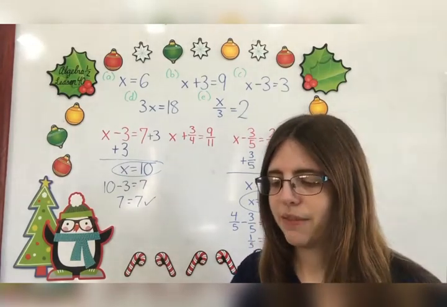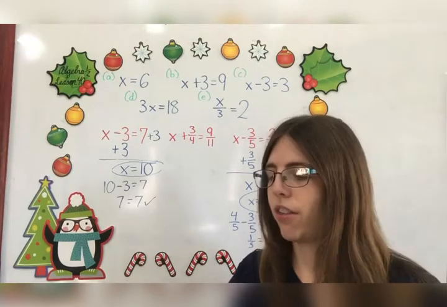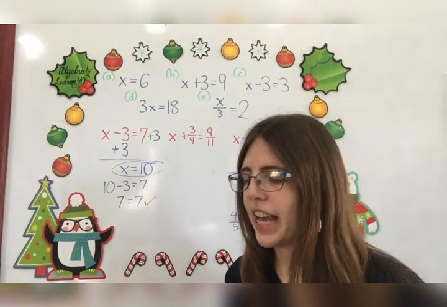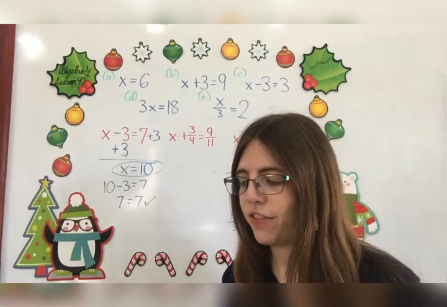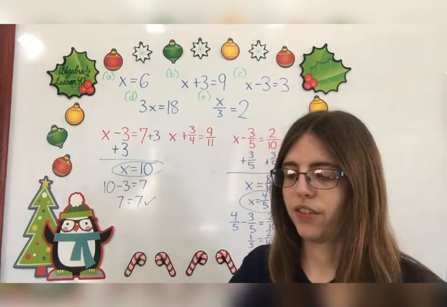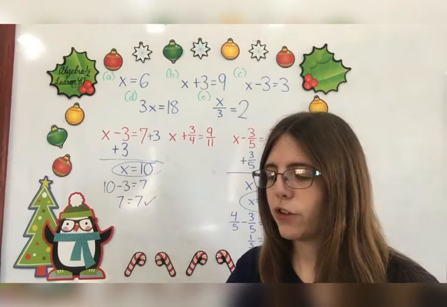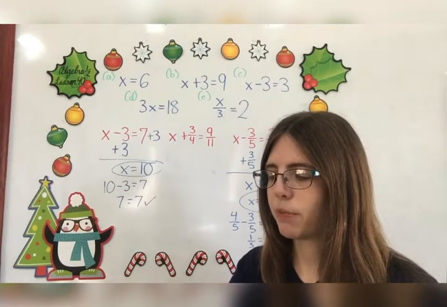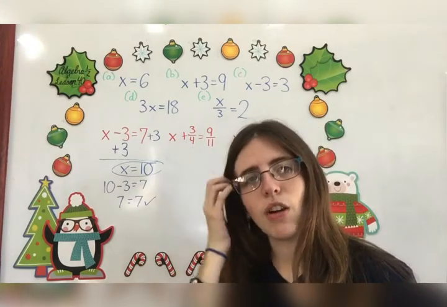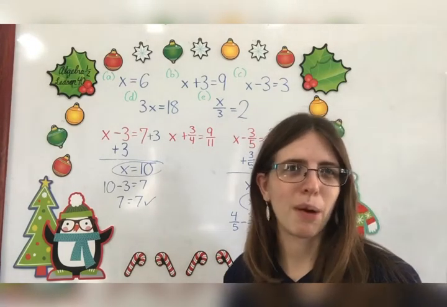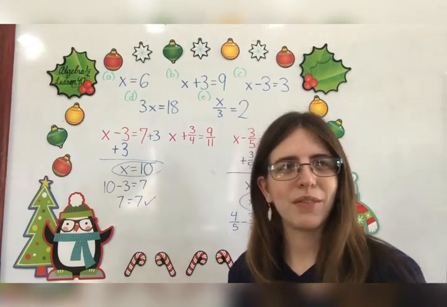Letter C, x equals 1/4. And letter D, x equals, ready? 15 over 12. If you change that to a mixed number, that is acceptable, but it's better to go ahead and leave it as an improper fraction, 15 over 12, because you have to check it being an improper fraction anyway. So save yourself a little time there.